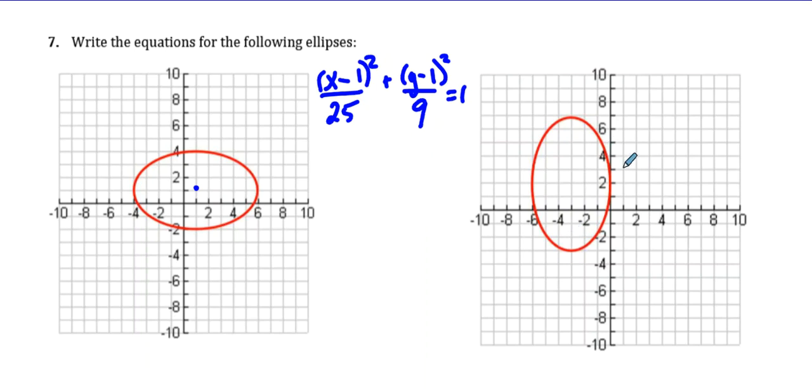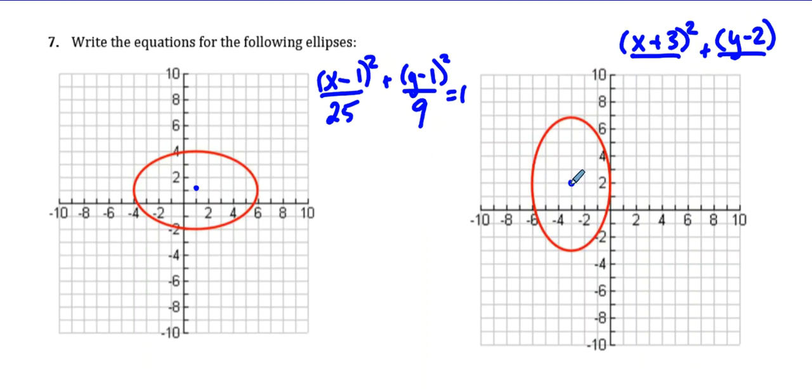And then let's see if you did it right. So my center seems to be here. Let's see, I went 7, so that's 5 up and 5 down, yes. Okay, so my center is at -3, 2. So x minus -3 is x plus 3. y minus 2.